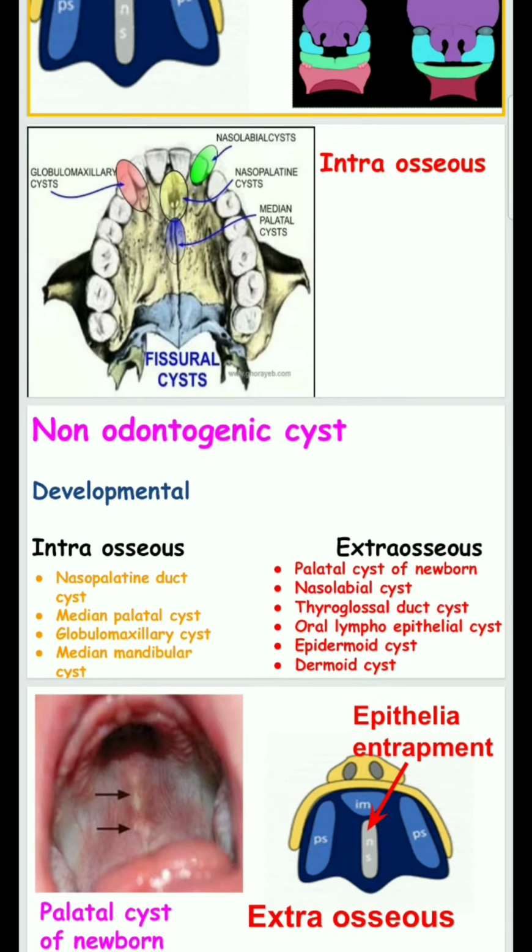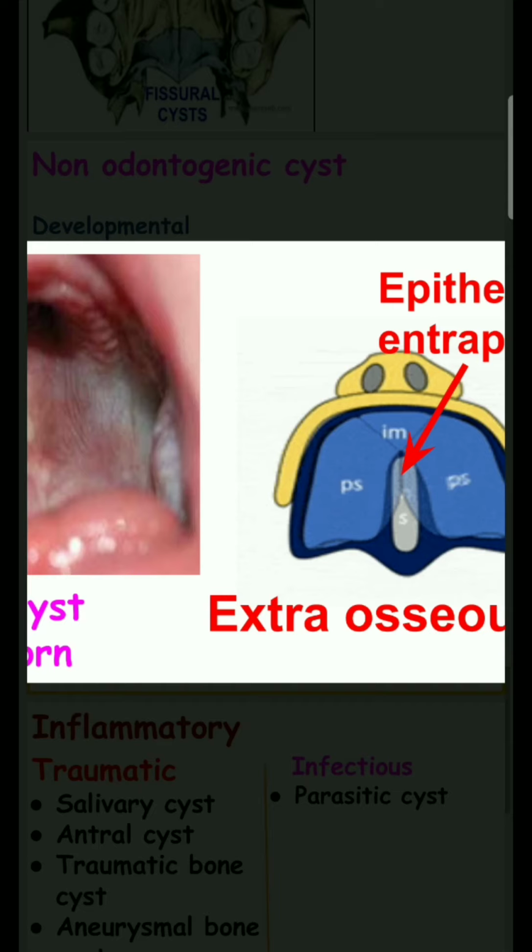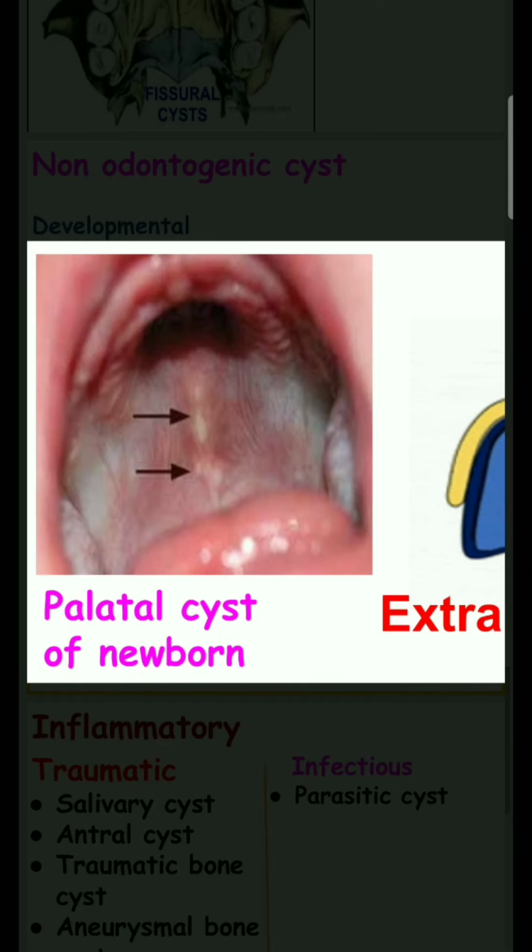The extraosseous type is outside the bone, mostly in the soft tissues. For example, the gingival cyst or palatal cyst of the newborn. It is due to epithelial entrapment superficially in the soft tissues, like the median palatal raphe cyst.